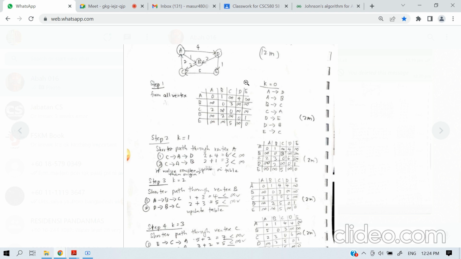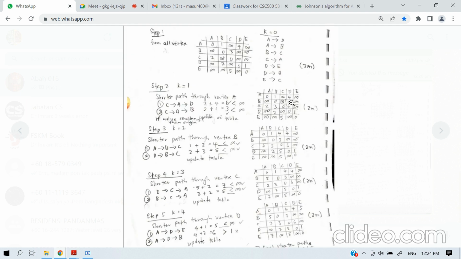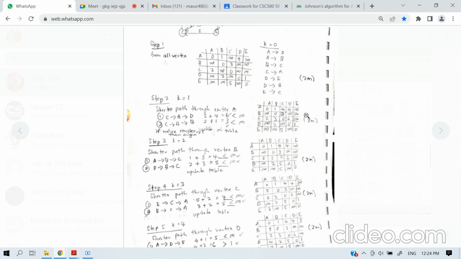Instead of infinity, you need to change, first of all, from C to D. Instead of infinity, you have to change it to 6. Okay, if you look, this is 6.